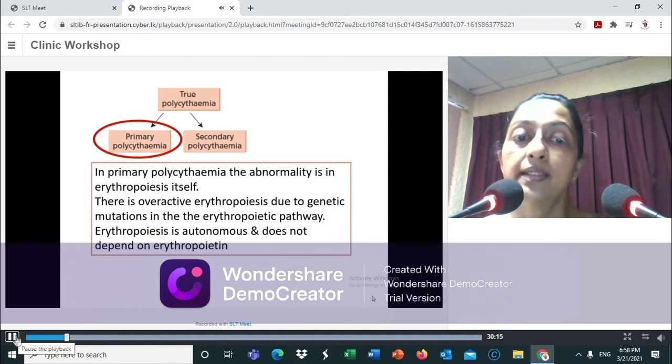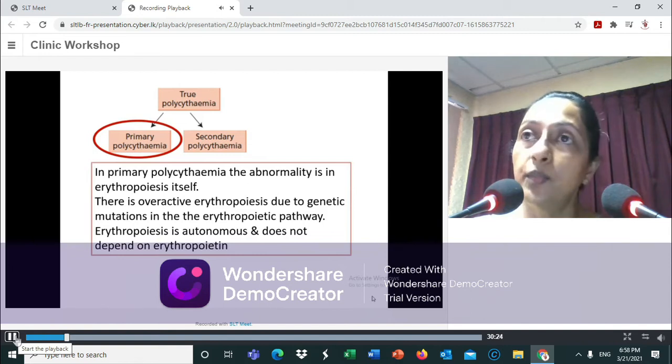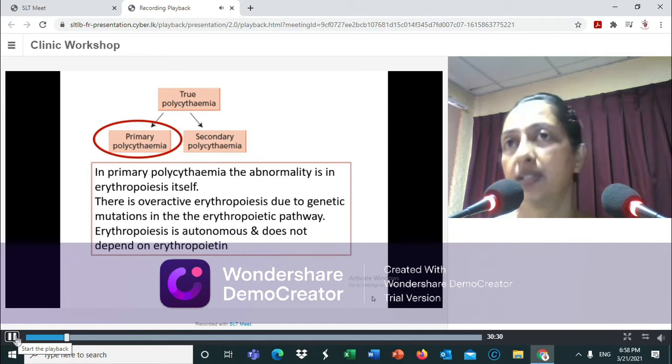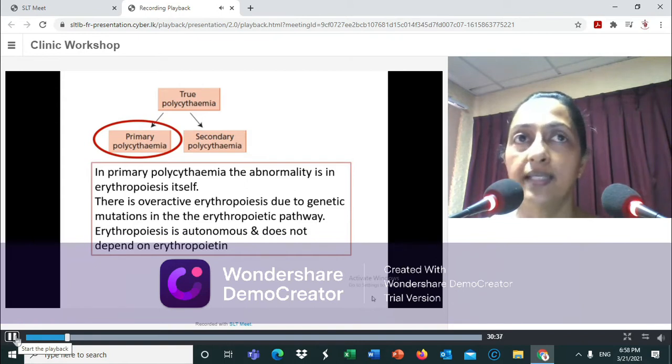There is overactive erythropoiesis due to genetic mutations in the erythropoietic pathway. Erythropoiesis in primary polycythemia is autonomous and does not depend on erythropoietin. It's proliferating on its own. Erythropoietin has no say. Remember that.